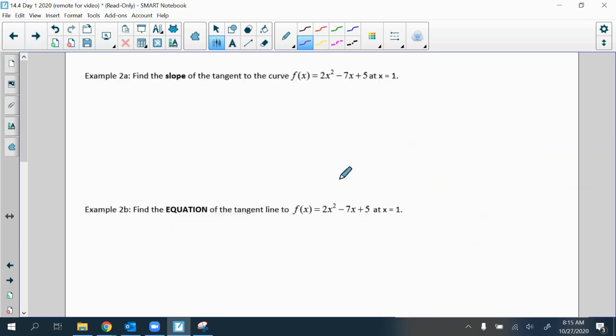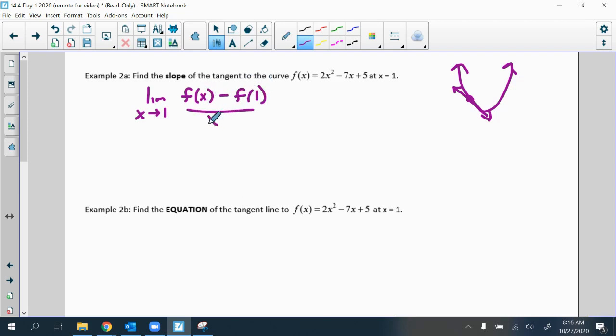What I'm trying to do is take this parabola, and at x equals 1, find the slope of this tangent line. So I would say the limit as x approaches 1 of f of x minus f of 1 over x minus 1.